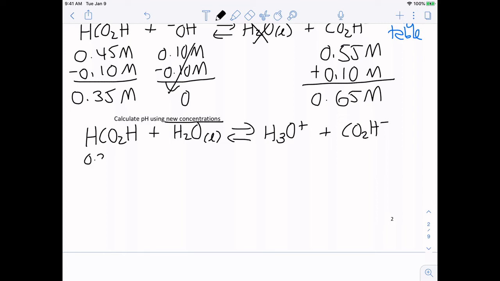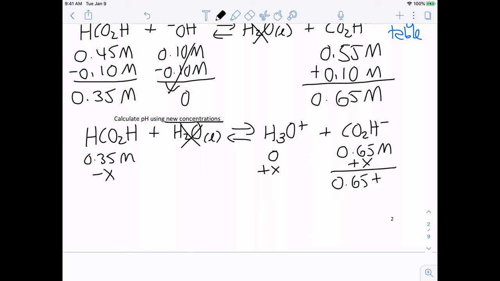So 0.35, not part of my expression, 0, and 0.65. We're going to lose x, gain x, gain x. 0.65 plus x, though I am just going to ignore that x, and 0.35 minus x. Again, I'm just going to ignore that x.